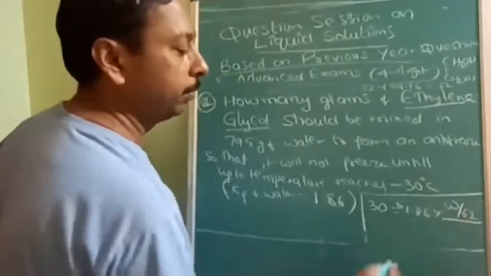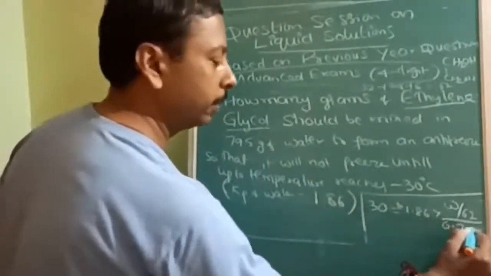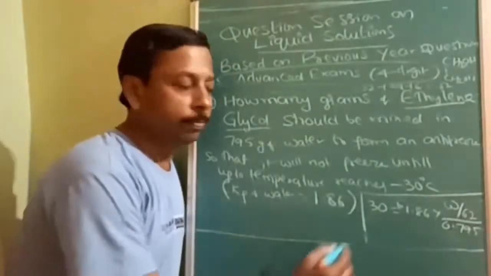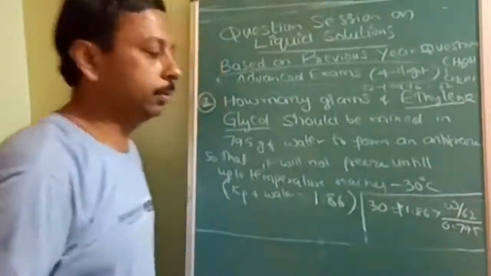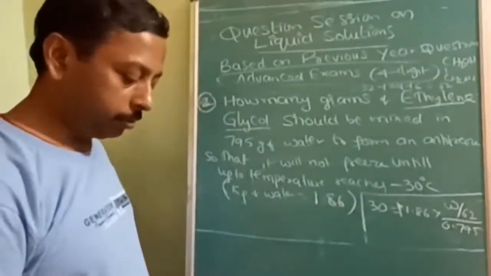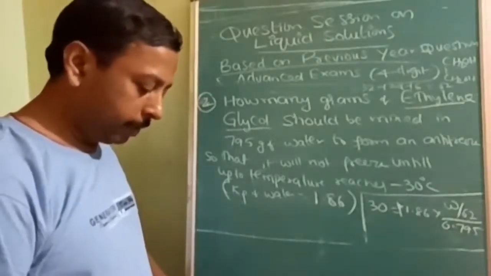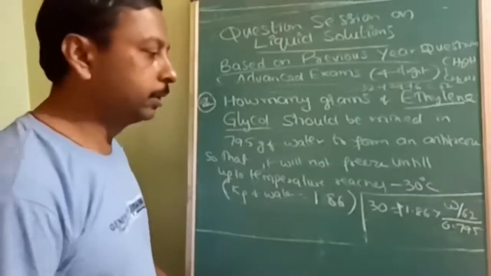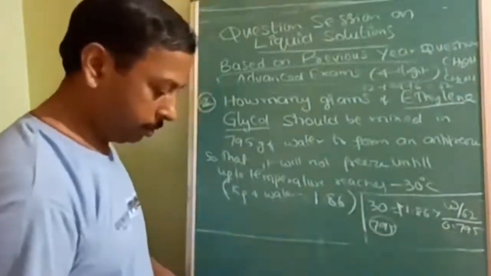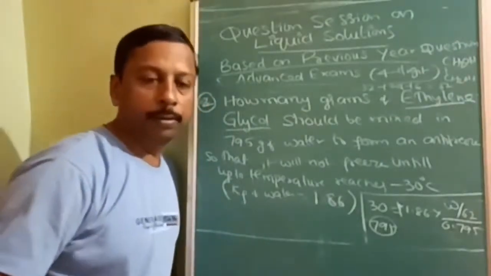Mass upon molecular mass of solute, and mass of solvent will be 0.795 kg. So everything is available. On simplification, you will get the answer. 1 into 1.86 into W upon 62. The answer you will get is 795 grams. Okay, understood?